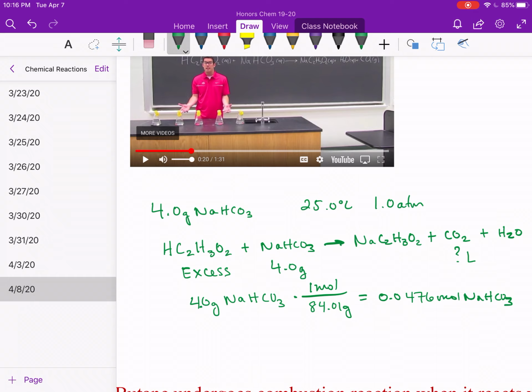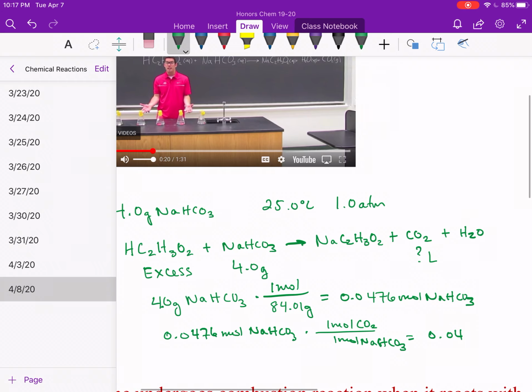But we don't want that, we want CO2. So we know that we have 0.0476 moles of NaHCO3. The mole ratio is pretty easy in this case. For every 1 mole of NaHCO3, we get 1 mole of CO2. And that means that we get 0.0476 moles of CO2 produced in the reaction.